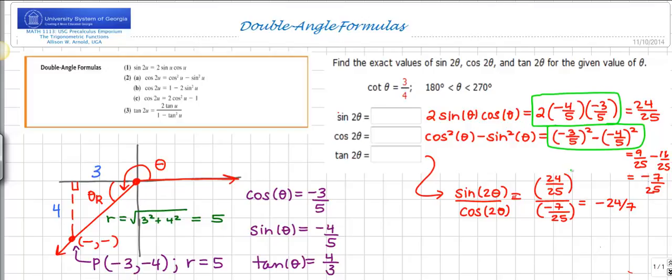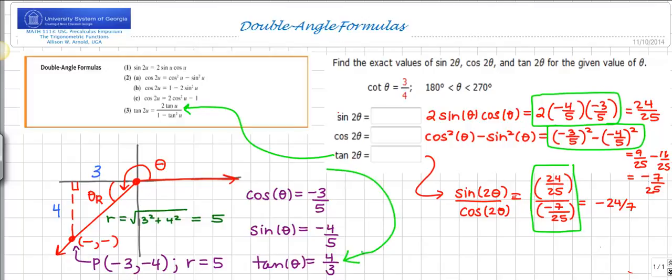Okay? Or you could go and use the tangent formula with the tangent value that you know. Might be a nice exercise for you to use the tangent formula, double angle formula, with the tangent value 4/3 and see that you get the same answer we got using the sine over cosine identity.